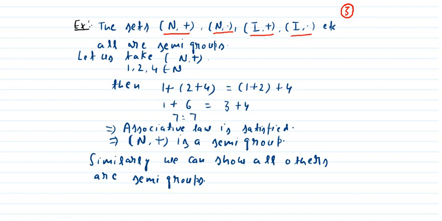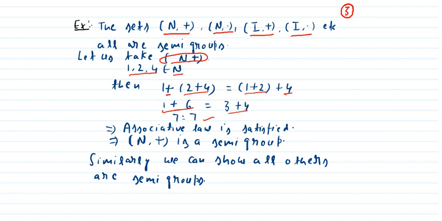Let us take three natural numbers, suppose 1, 2 and 4, which are natural numbers. Then I will apply plus between them. (1 plus 2) plus 4 must be equal to 1 plus (2 plus 4). That is 3 plus 4, and 1 plus 6, both are 7. This implies associative law is satisfied, hence N plus is a semigroup.